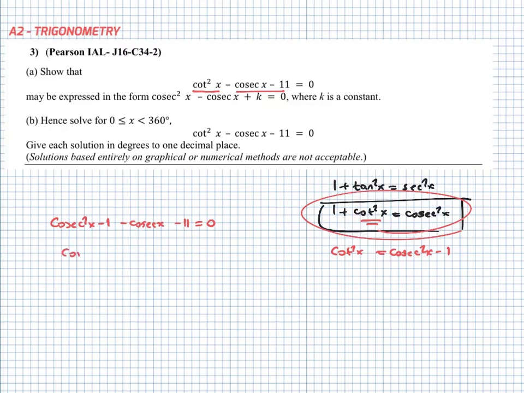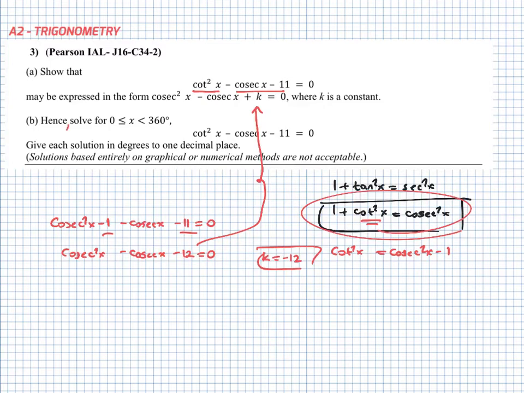So I will be having cosec²x − cosec x, if I collect the like terms here, − 12 = 0. When I match this expression with the given form, you see that the k value is equal to −12.